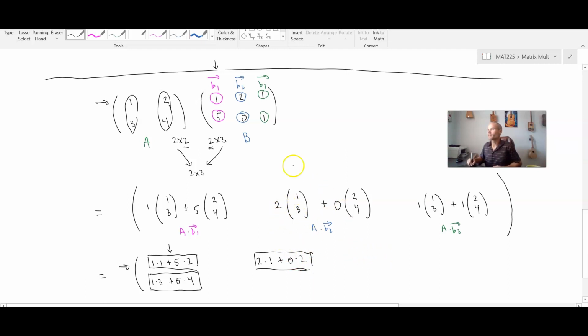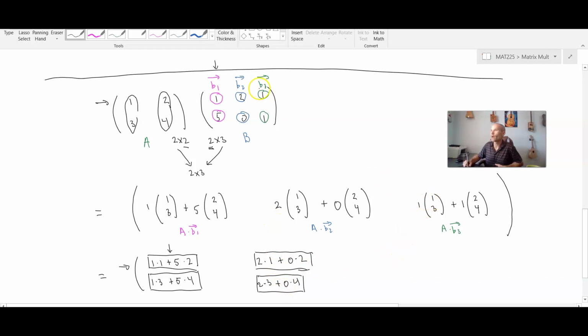2 times 3 plus 0 times 4 is the same thing we would get if we took 2 times the bottom component plus 0 times the bottom component. So 2 times 3 plus 0 times 4. Again, now we took the second row by the second column, so we're going to be in the second row, second column.